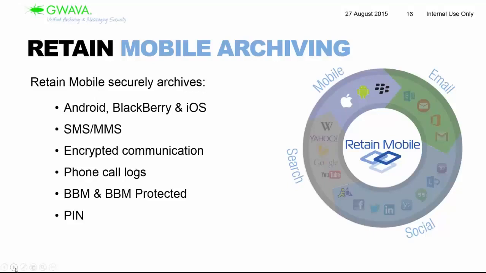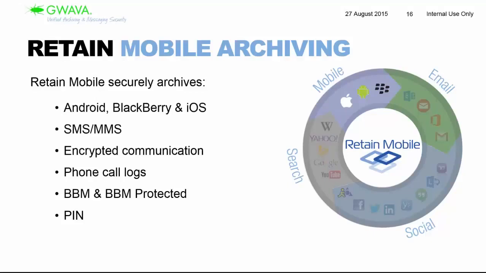Like I said, it's a central archive, so it's easy for your administrators to search the entire archive, and your end users can access their own personal archive. There are built-in e-discovery tools to quickly and easily get to the archive, search it, and export it to prepare for litigation, and also just to manage your data. So Retain has that ability.